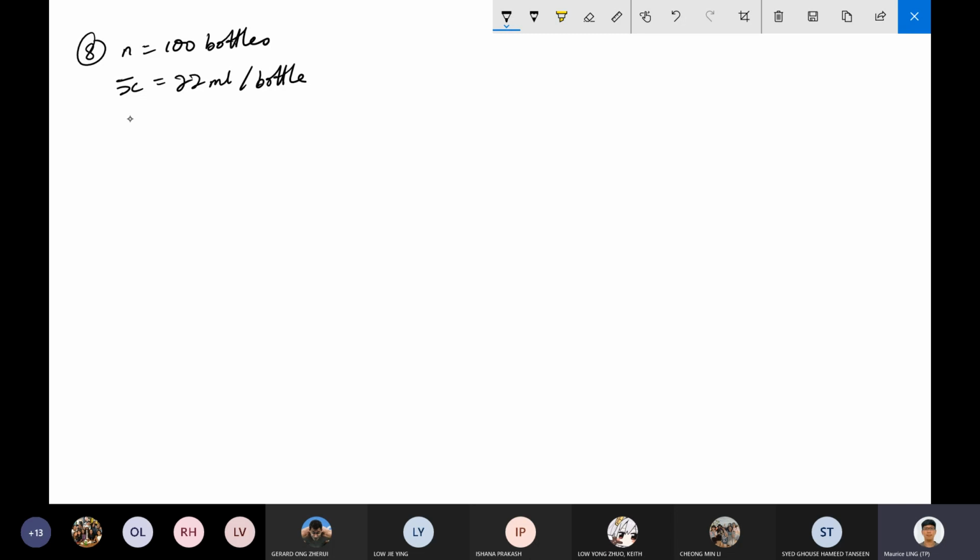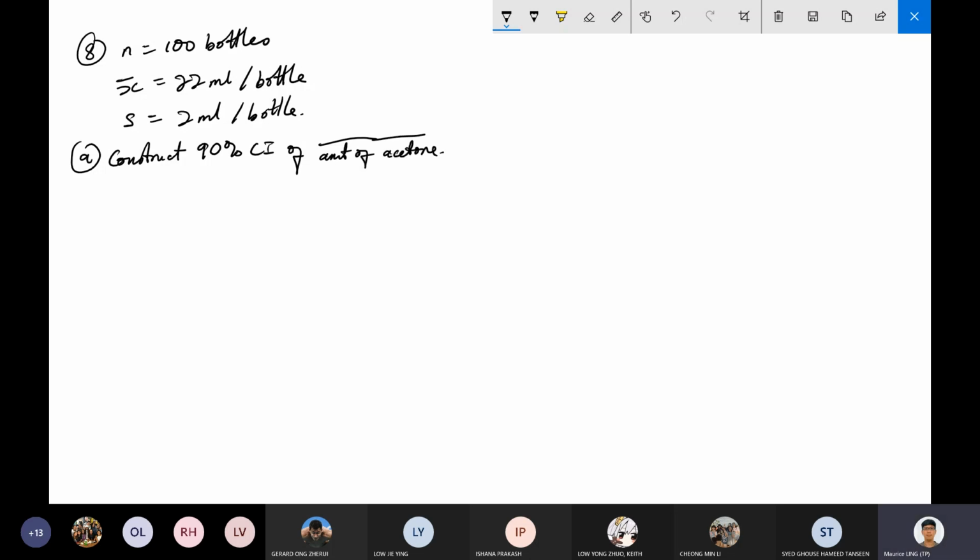The standard deviation is 2 ml per bottle. So question 8, part A, you want to construct the 90% confidence interval of the mean amount of acetone.